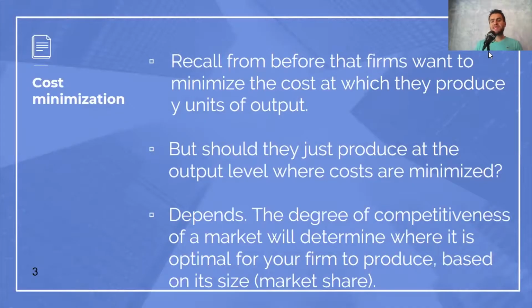So obviously, the level at which you want to produce is not necessarily only the place where your costs are minimized. Minimizing costs is really important, but for different levels of production, you can minimize costs. So if your target of production is 100,000 units, there is a way to minimize costs at that production level.